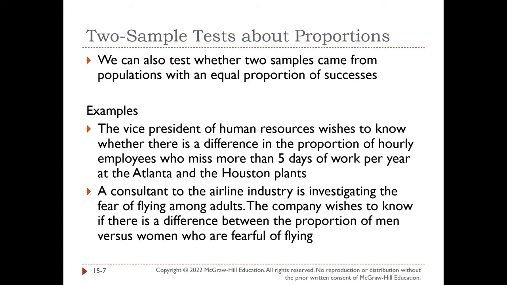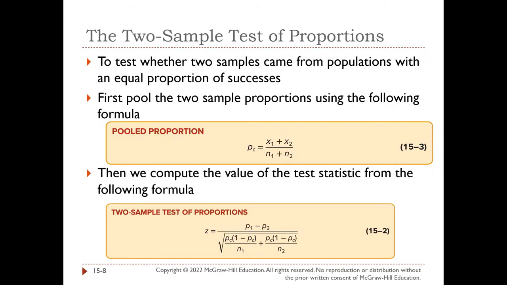So let's use our testing statistics with a pooled proportion. To test whether two samples come from populations with an equal proportion of success, first pool the two sample proportions using the following formula. So we have our pooled proportion.